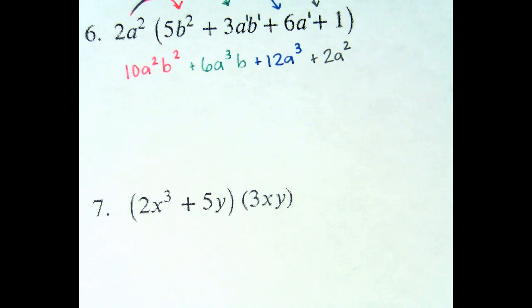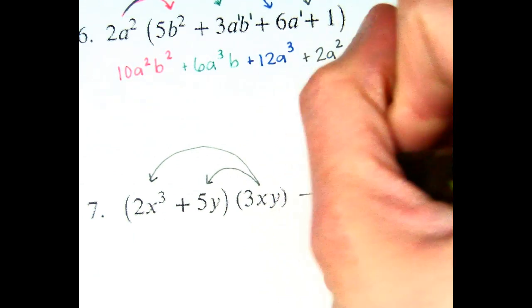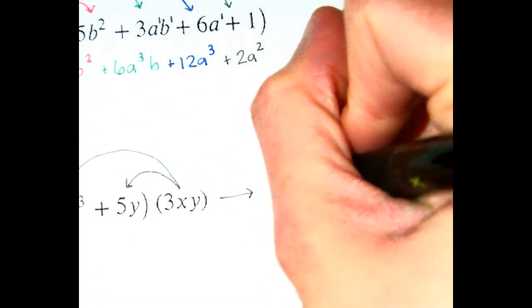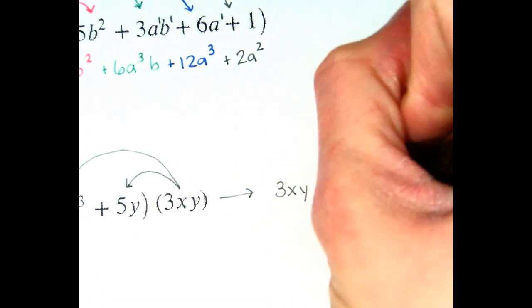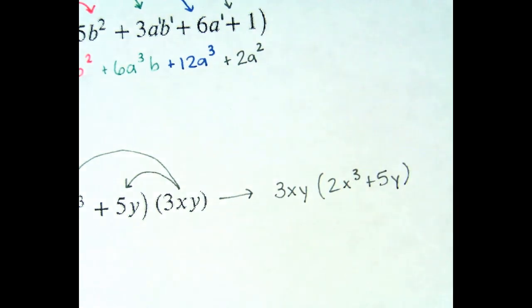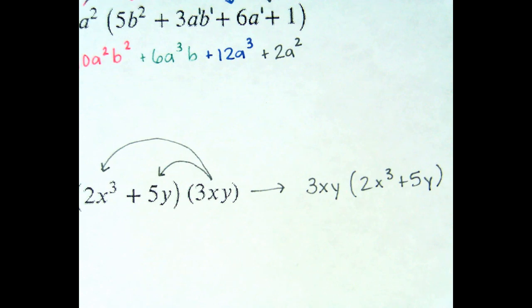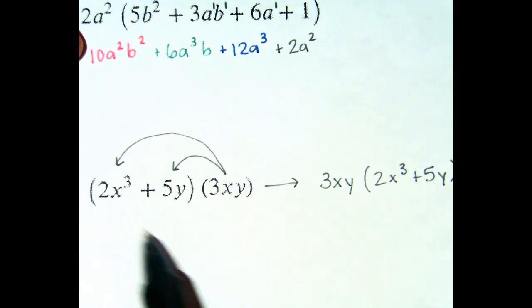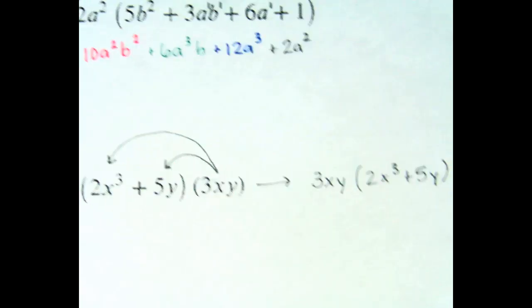Number 7. You can either distribute here, or you could rewrite it. It is up to you. You also could instead distribute 2x to the third and 5y, but it does not matter.